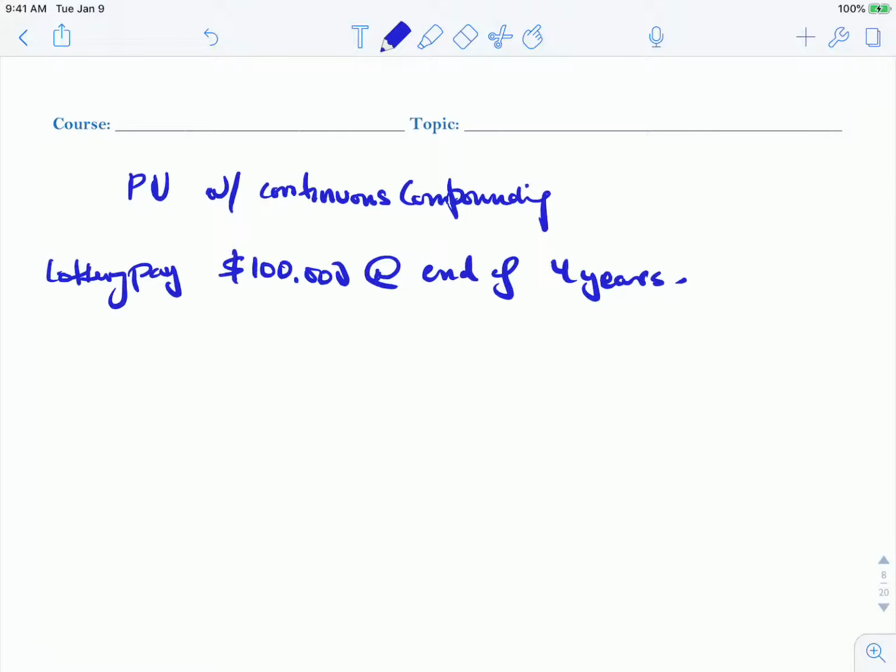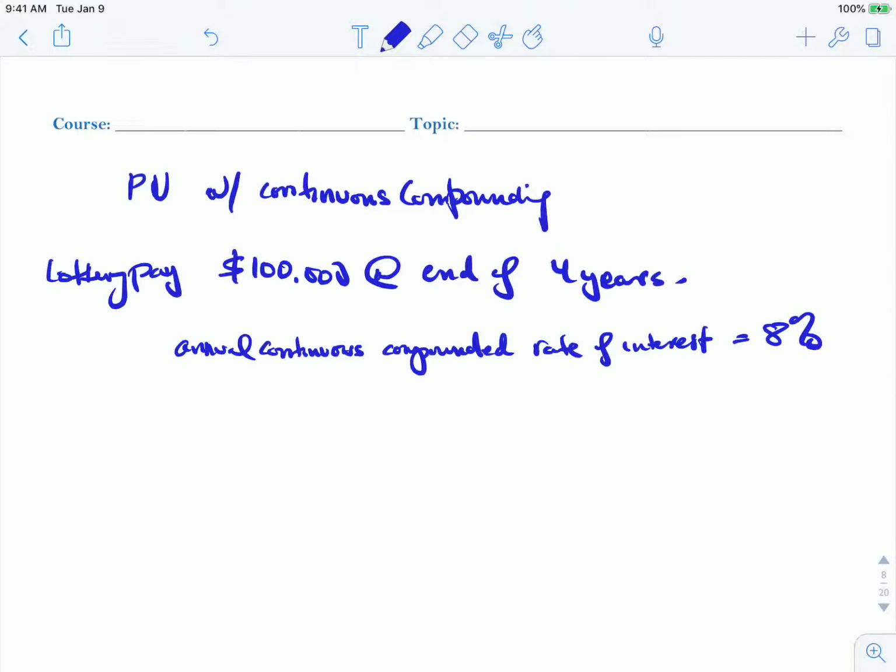If the annual continuously compounded rate of interest is 8%, what is the present value of the payment?